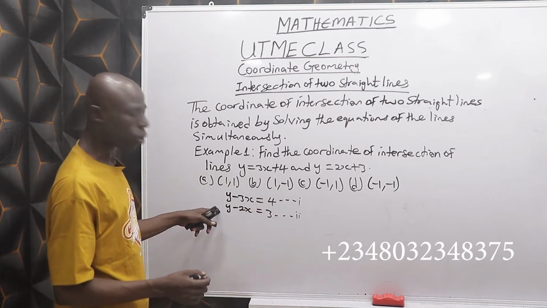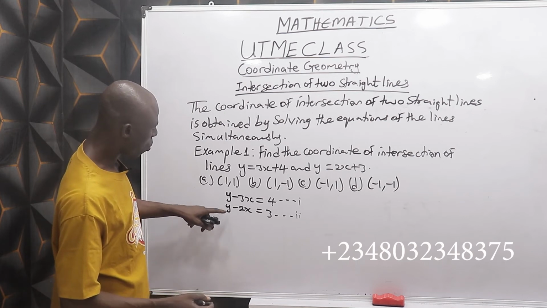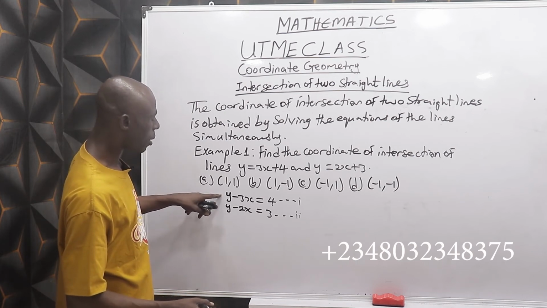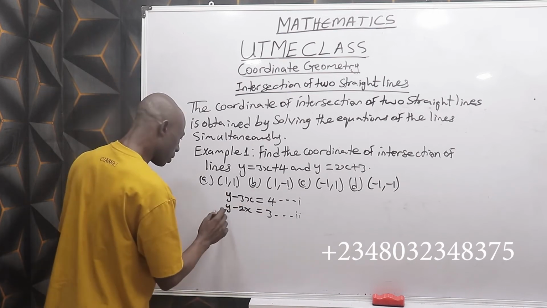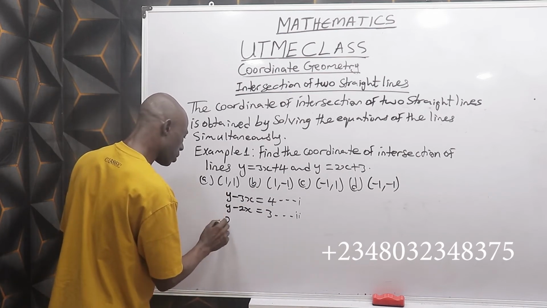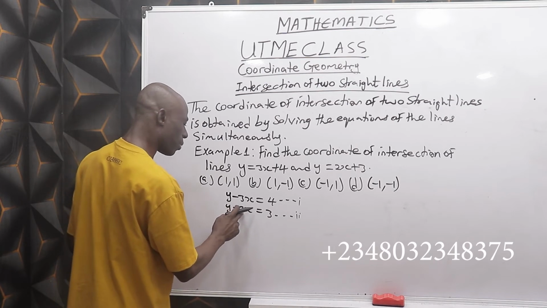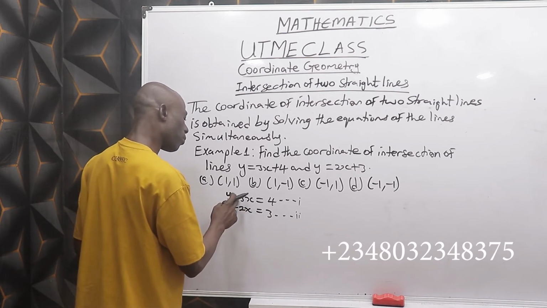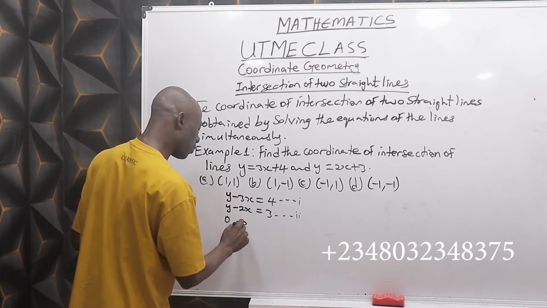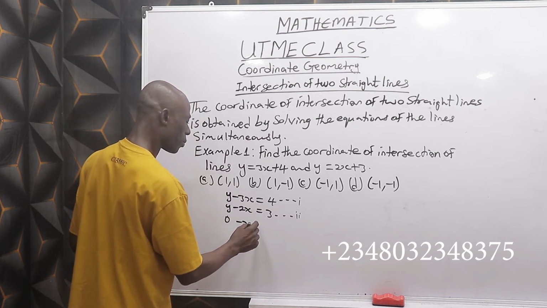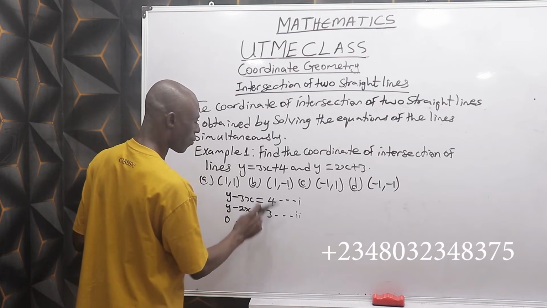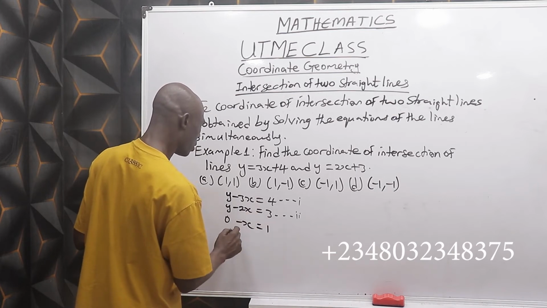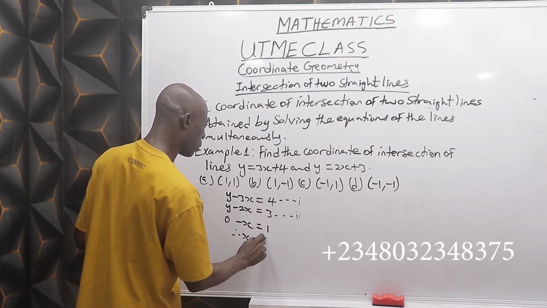Using the elimination method, I subtract equation 2 from equation 1. That is, subtract y from y, you get 0. Subtract negative 2x from negative 3x, we have negative x, which is equal to subtract 3 from 4, we have 1. Therefore, x equals minus 1.